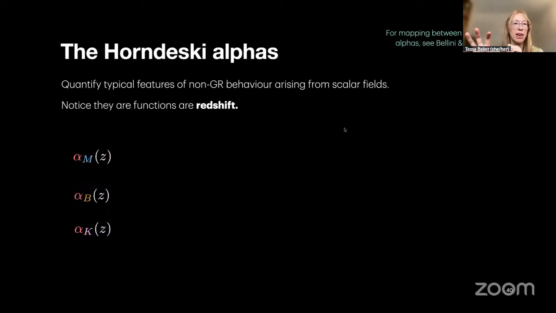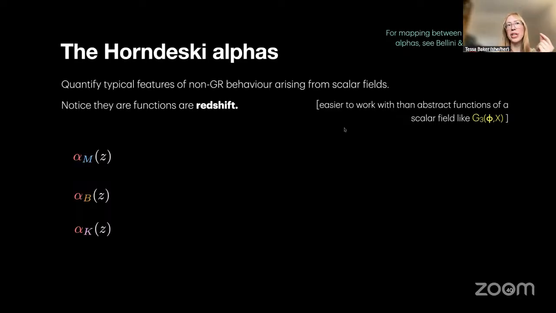So if you like, they are the coefficients of deviations from GR, but only at the linear level. That's really important. They are functions of redshift. That's what happens when you evaluate on the cosmological background and study perturbations around that. And that's much easier to work with than abstract functions of a scalar field and its kinetic term, right?